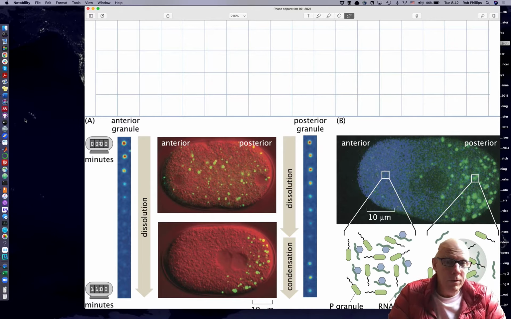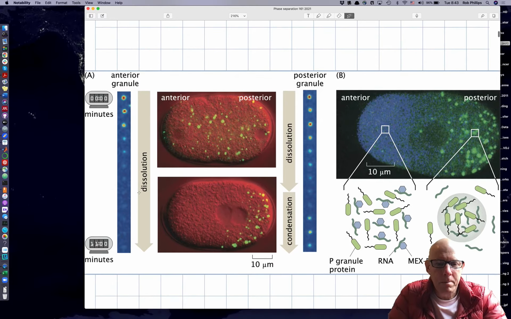So first thing I wanted to do was take you back to roughly 2009, if I remember correctly. Tony Hyman was serving as a faculty member in the physiology course at the Marine Biological Laboratory, and Cliff Brangwynne was working with Tony, and they were looking at C. elegans, as you see here, and in particular, they made some observations about, I think they're referred to as P granules.